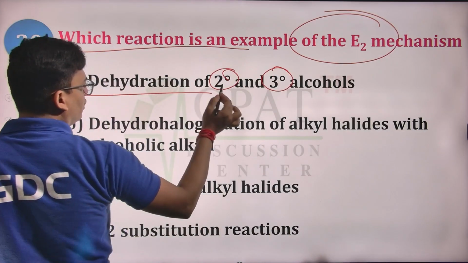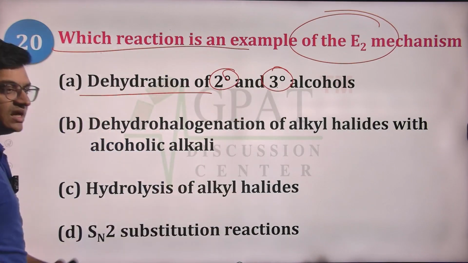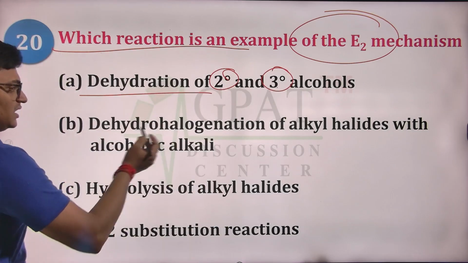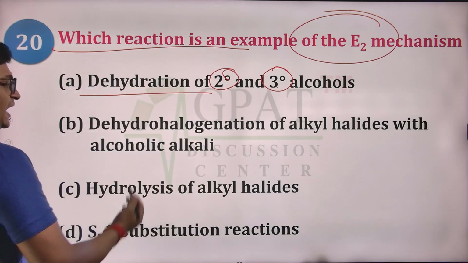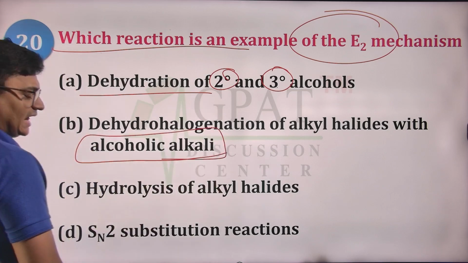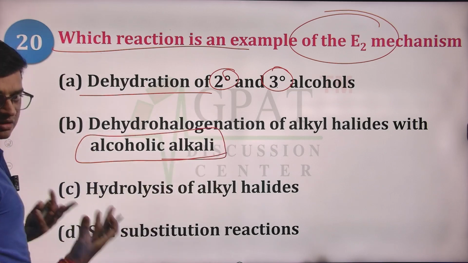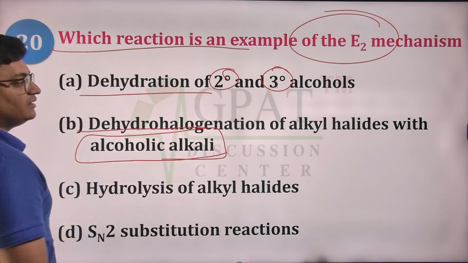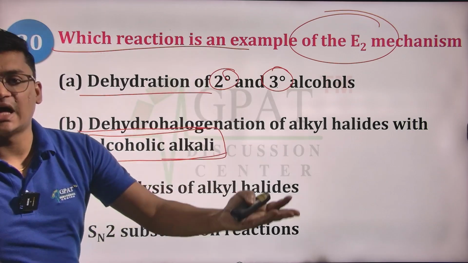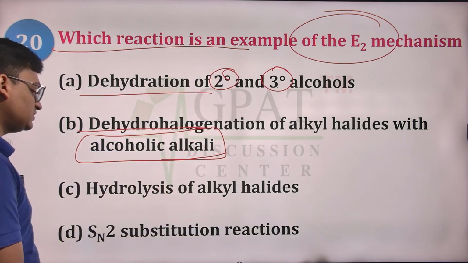Dehydration of 2-degree and 3-degree alcohols can follow E2, but E1 is also possible. Dehydrohalogenation of alkyl halide with alcoholic alkali: alcoholic alkali means stronger bases, and dehydrohalogenation is removal of hydrogen and halogen. So yes, that is an elimination reaction.